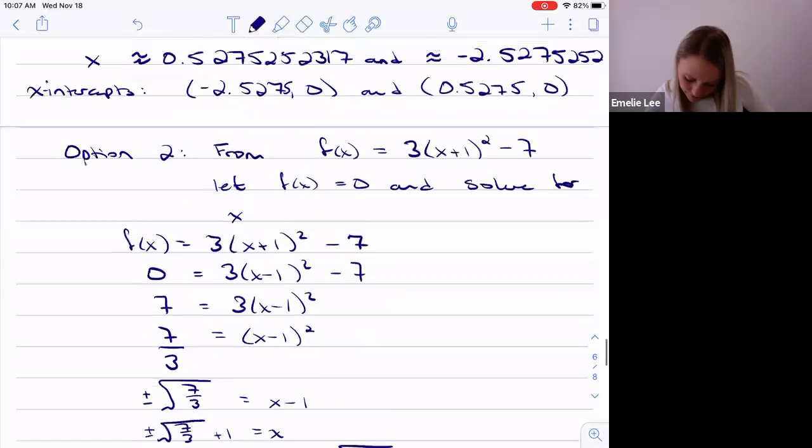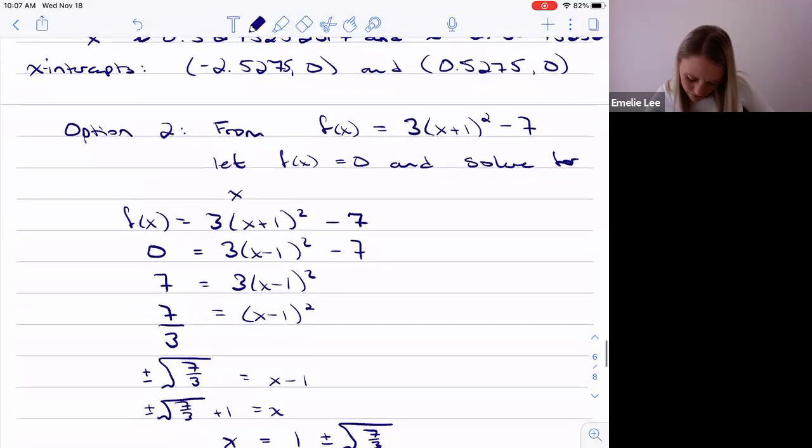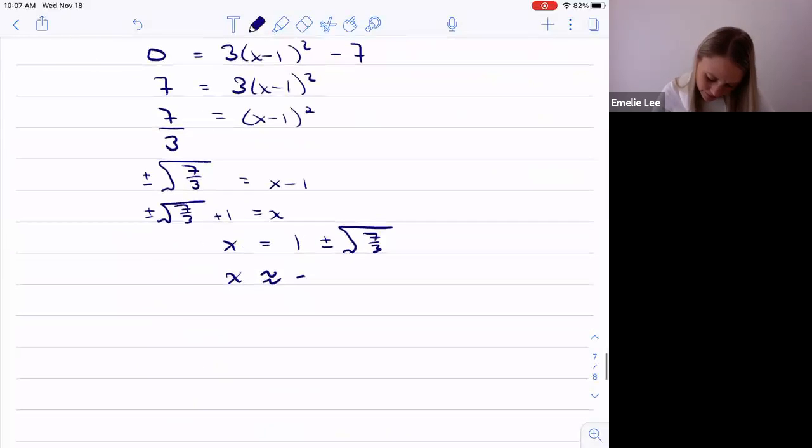why is it negative? Oh, plus 1. Why isn't it working? 7 over 3. Okay.